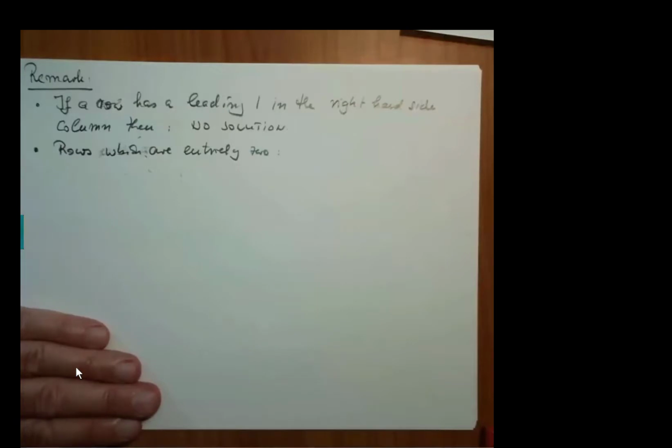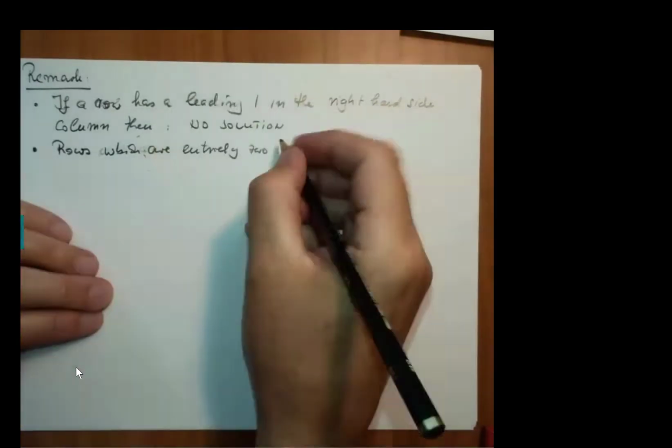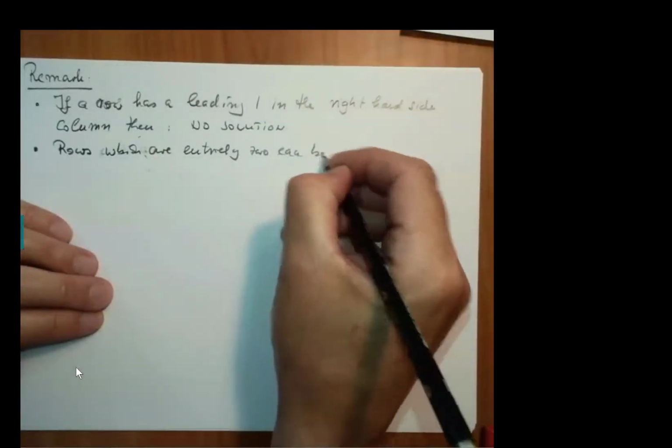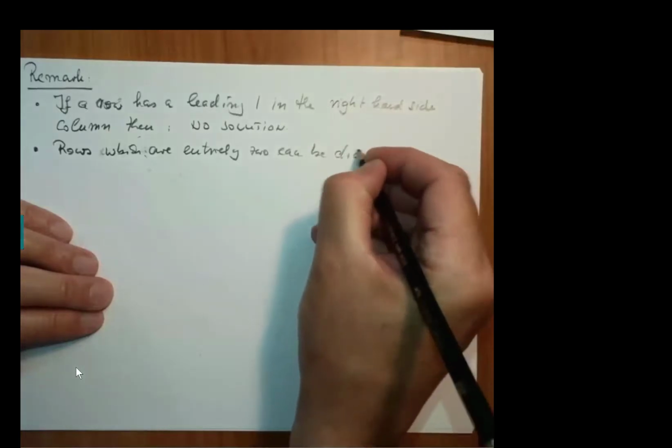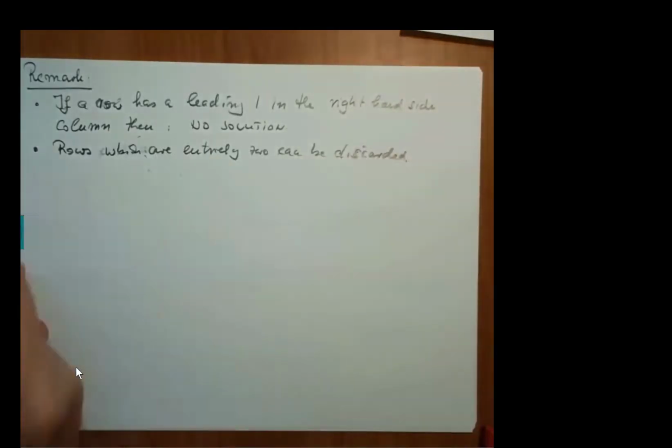Do you have to consider them at all? No, they're not useful for solving. They actually don't contain any information. So rows which are entirely zero can be discarded. They don't change our solution. So we don't need to consider them.